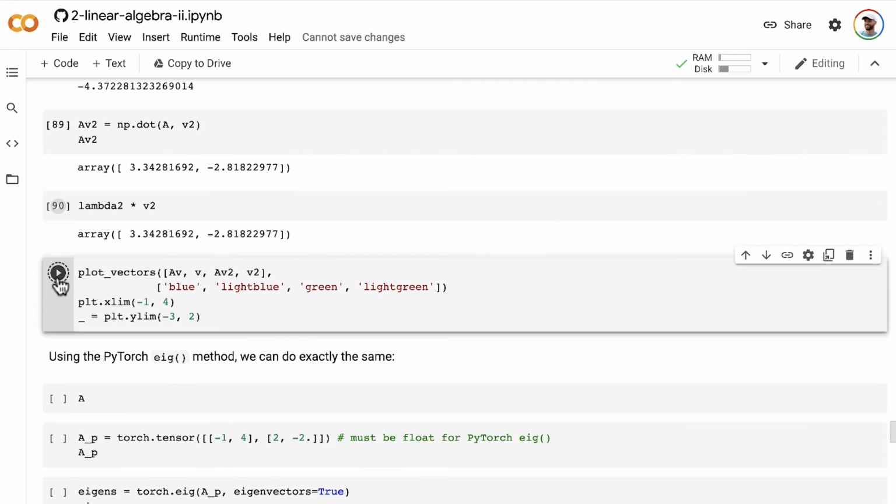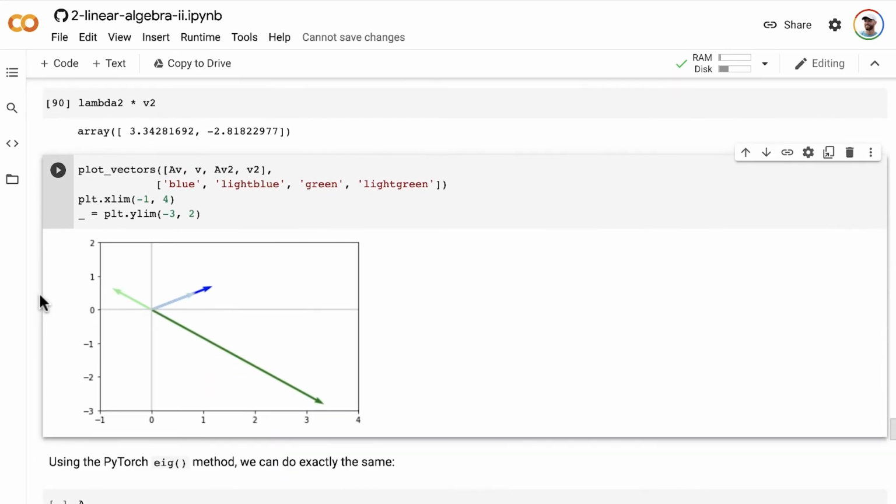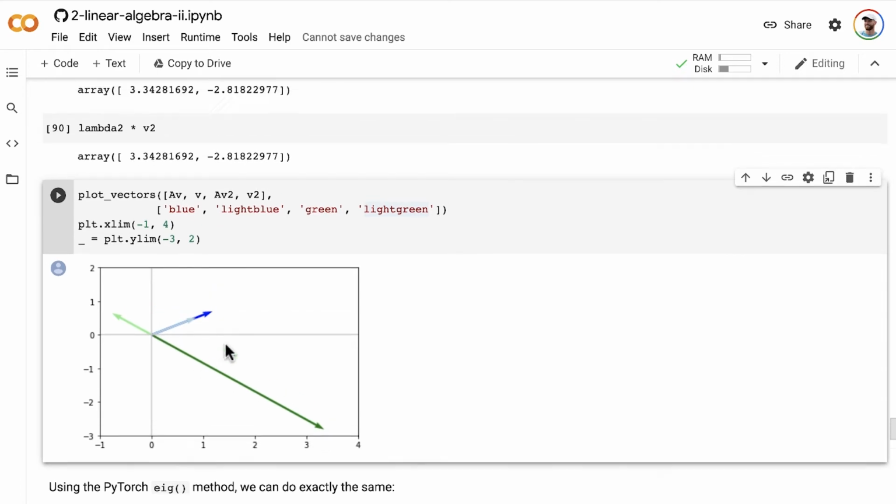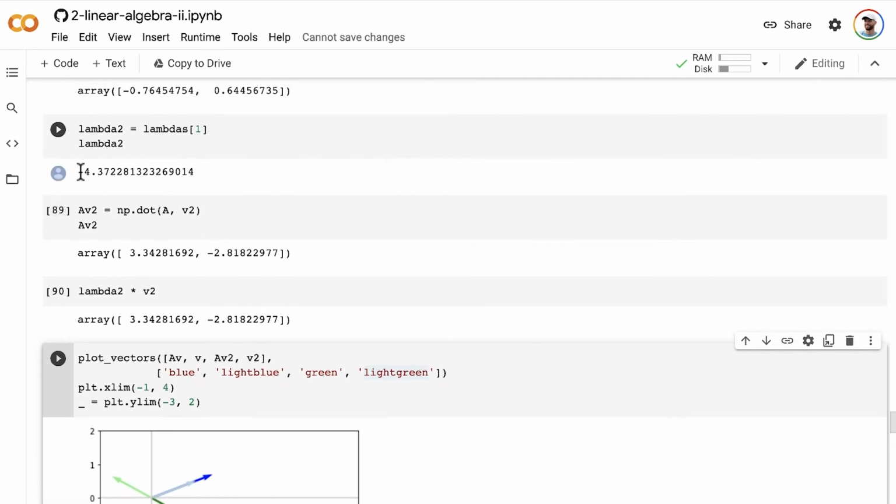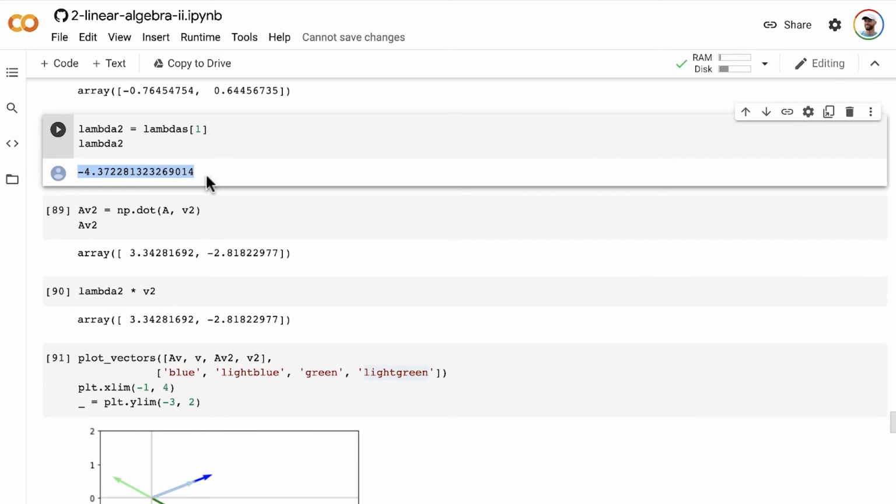And now let's have a look at the second eigenvector. So we can see the second eigenvector looks like this in light green, v2 in light green. And when we apply the matrix A to it, it becomes a lot longer and in the negative direction, which we should have actually known in advance from the eigenvalue.